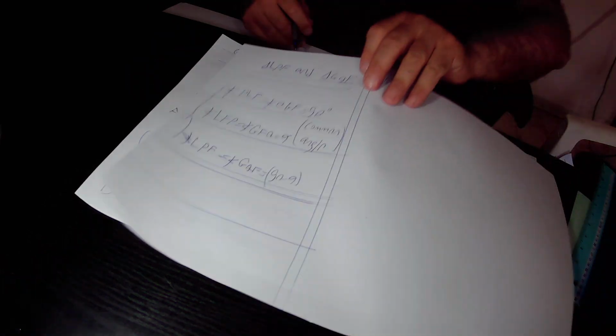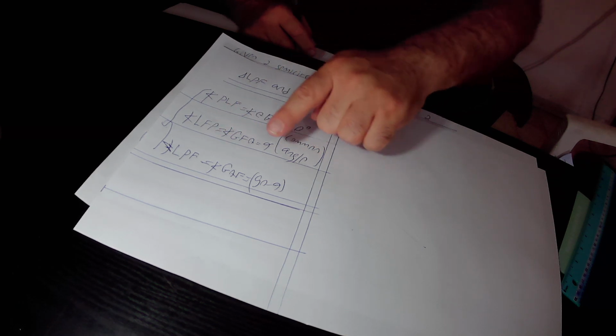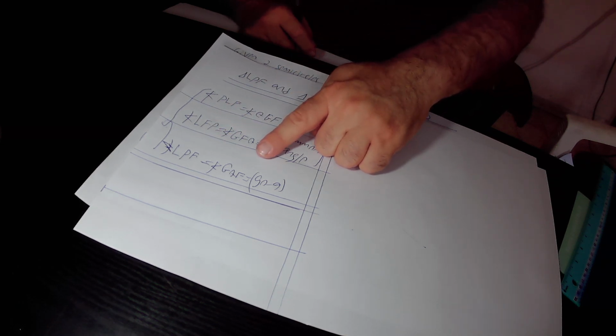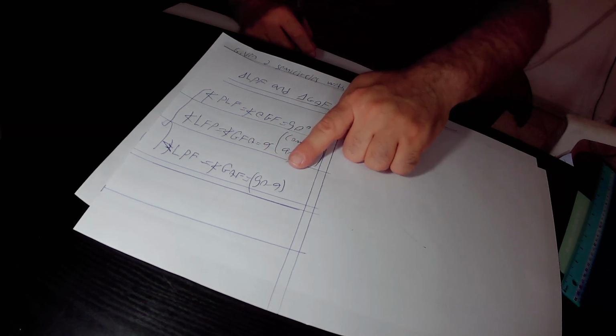So again, we found out that angle LPF in the big right triangle LPF equals angle GQF in the small right triangle GQF. They are both equal to 90 degrees minus alpha, therefore they are equal to each other.